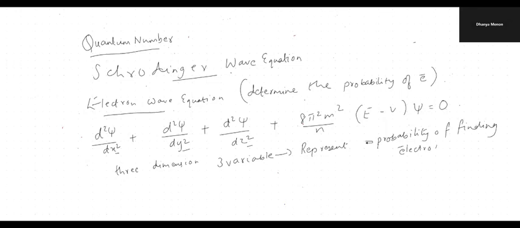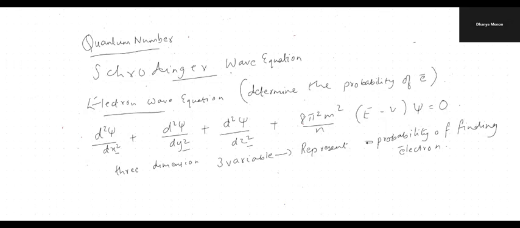Okay, you cannot find an exact location, but you get the probability of the region where it is found. Just like an address, we have our district, the town, the city, etc. Like that, it will give you the probability of finding the electron.